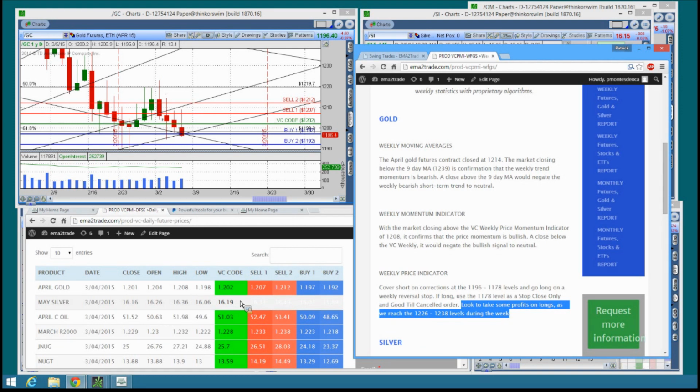This was published last night, and it basically told you that the market closing at 1201 was slightly bearish, and that you should look to cover your positions at about the buy 1 level, which is right here at 1197, and buy 2 at 1192. And we triggered that B1 level earlier this morning.